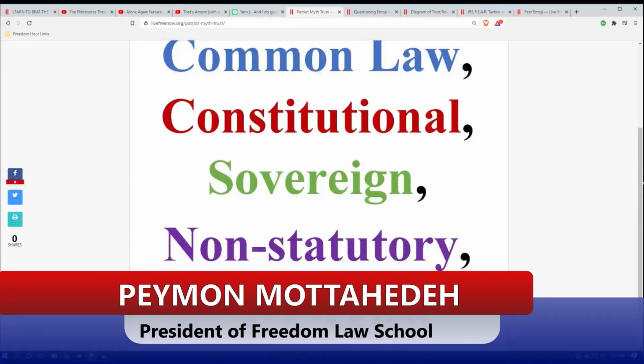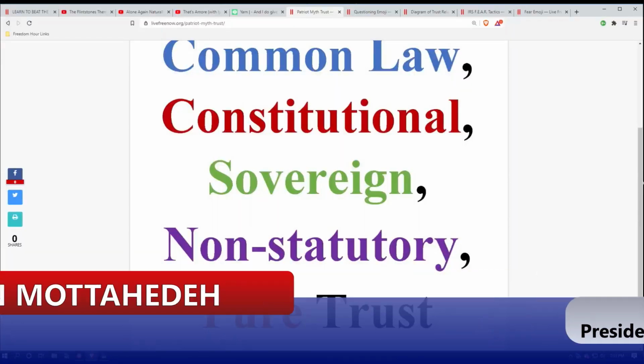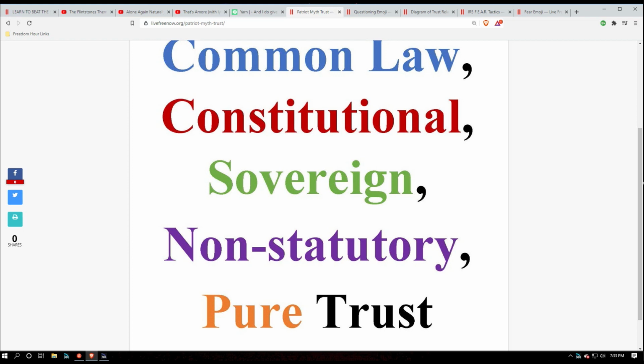Okay, so let's cover this issue by first going to my screen and show you what I'm speaking about. This is what I'm talking about. People are looking at getting or buying common law trusts, constitutional trusts, sovereign, non-statutory, pure trust, or any combination of these terms.